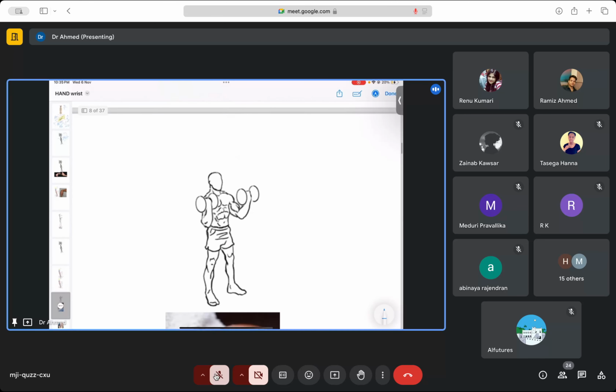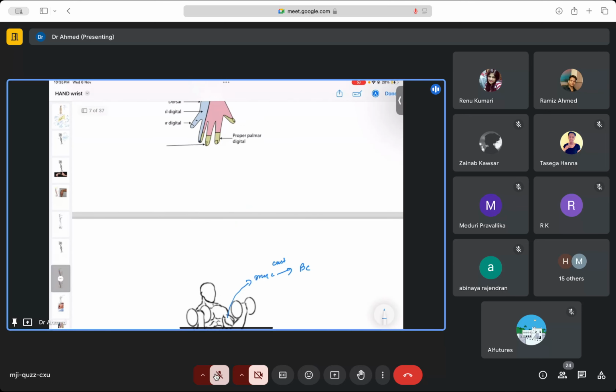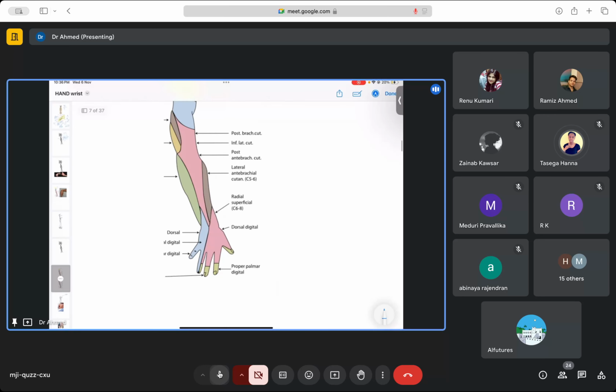So now let's discuss the biceps muscle. Your musculocutaneous nerve is going to supply your biceps muscle. As the name indicates, you also have a cutaneous branch. Can you tell me which part of the forearm musculocutaneous is going to supply? I'm discussing sensory supply. The lateral forearm, lateral side, right?